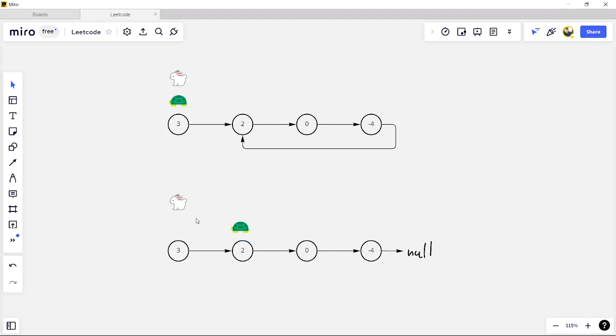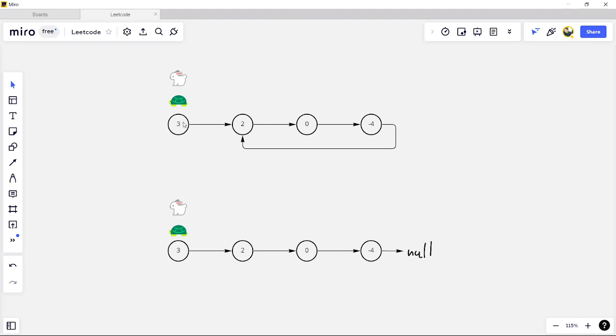In that time, the hare will move by two places, and if the hare reaches the end first, that means there is no cycle in this linked list. Otherwise, if the hare catches the tortoise again, that means there is a cycle in the linked list, because otherwise the hare would reach the end, and the hare and tortoise won't meet again at the same node.